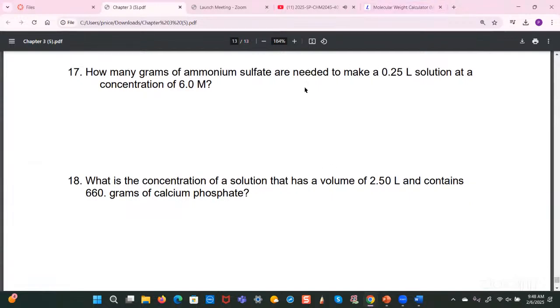All right, so number 17 says, how many grams of ammonium sulfate are needed to make a 0.25 liter solution at a concentration of 6.0 M? All right, so let me hear what you guys have to say about this one.